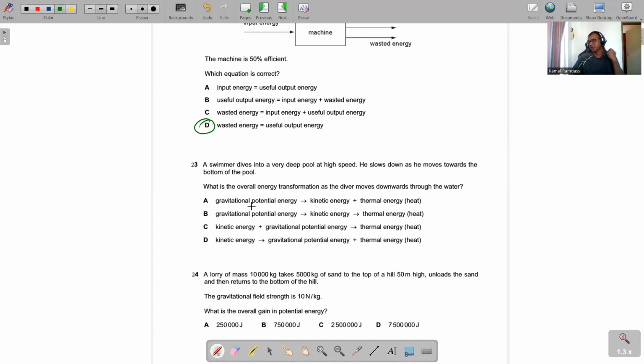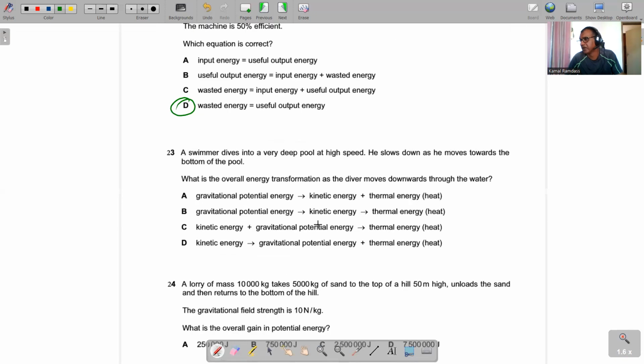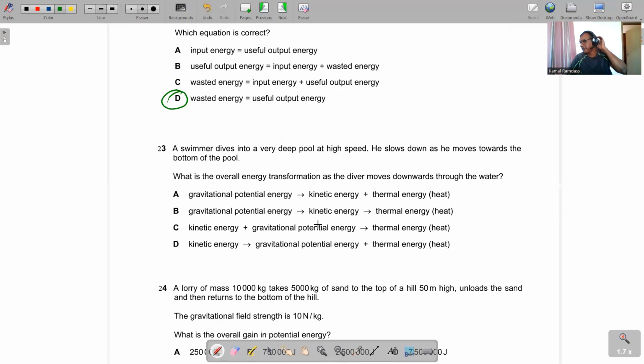A swimmer dives into a very deep pool at high speed. He slows down as he moves toward the bottom of the pool. What is the overall energy transformation as the diver moves through the water? Bon, commencement, là, elle fait dive.